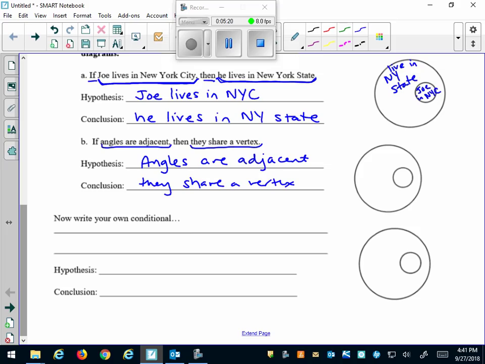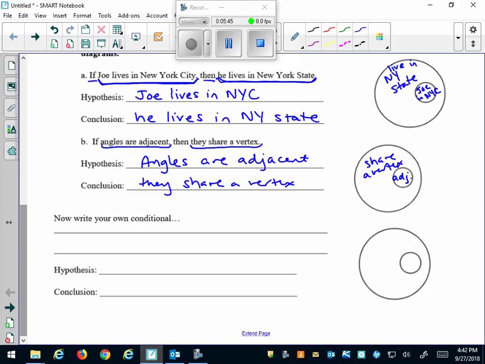Okay, so you try filling in your Venn diagram there. All right, so inside here you should have adjacent angles, and on the outside you should have angles that share a vertex.